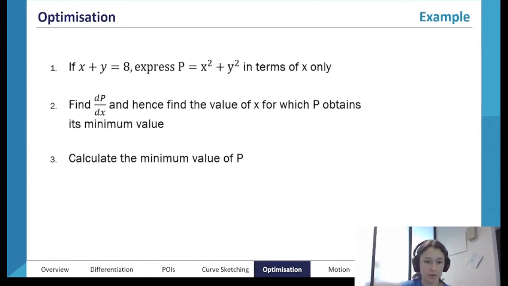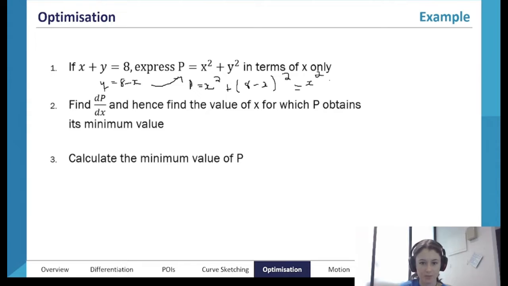So in here we know that y is going to be equal to 8 minus x. So we can sub this into here, which is going to give us p equals x squared plus (8 take x) squared. Now we can simplify this a little bit. So we're going to get x squared. We're just going to use our binomial expansion.